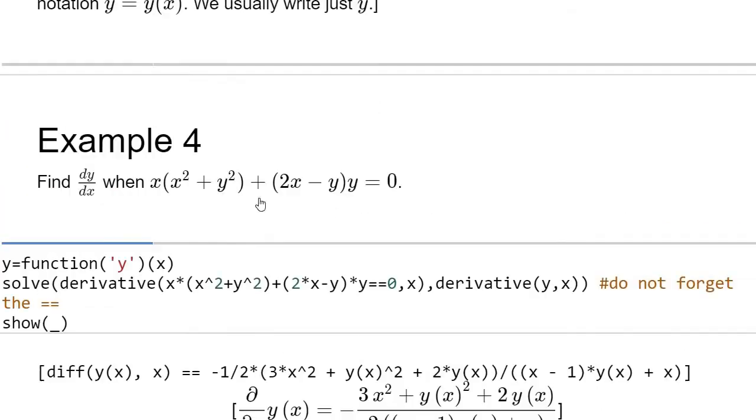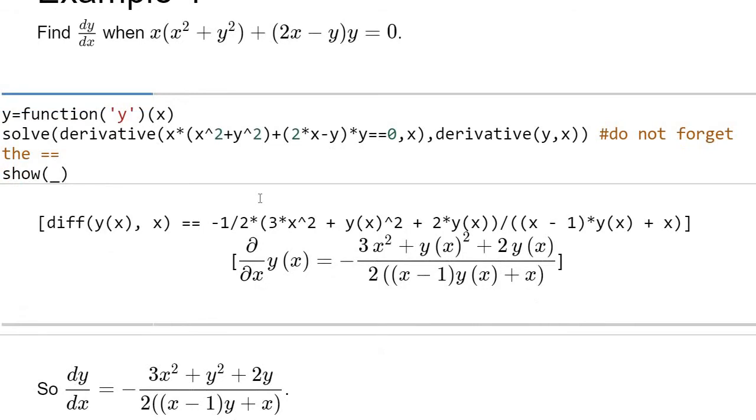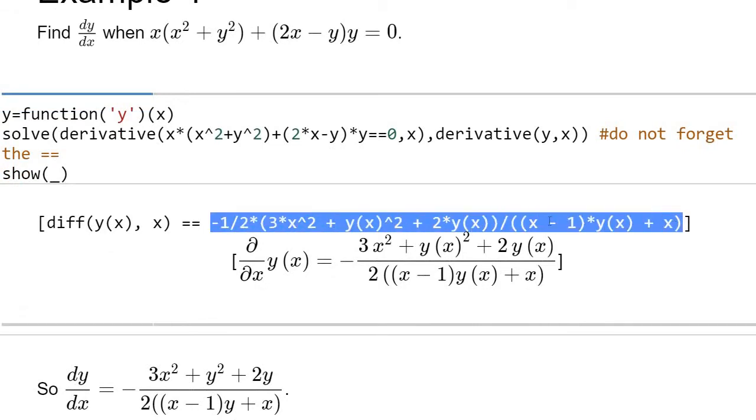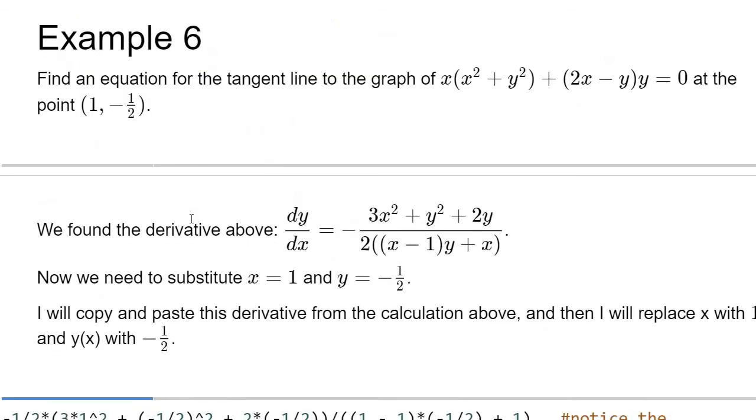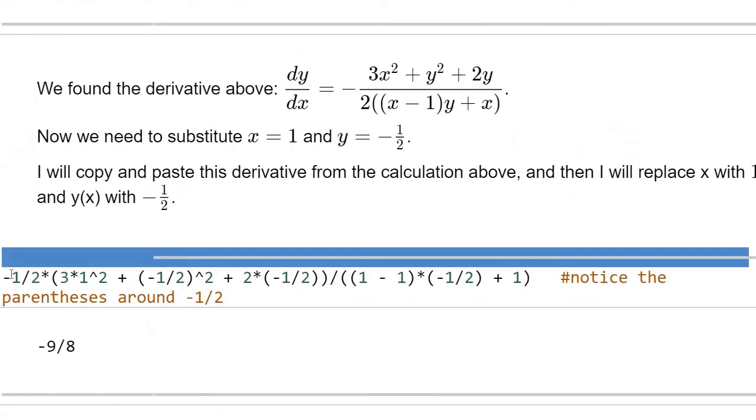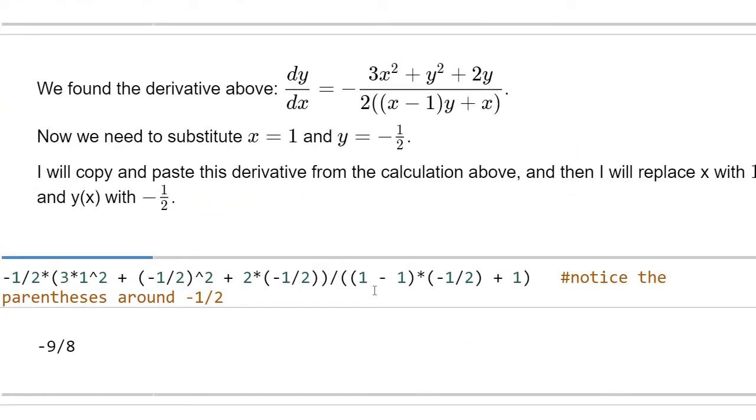Where did the derivative go? Here it is. This is the derivative right there, the answer. Hit Control C and copy. That's the derivative of this function. Then I came down here and pasted it in, erased all the x's and put 1, and erased all the y of x's and put minus a half, and that's what happened. What came out is minus 9/8.